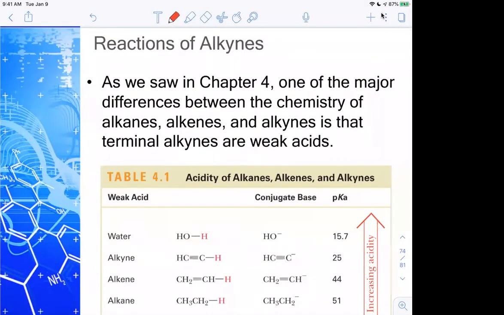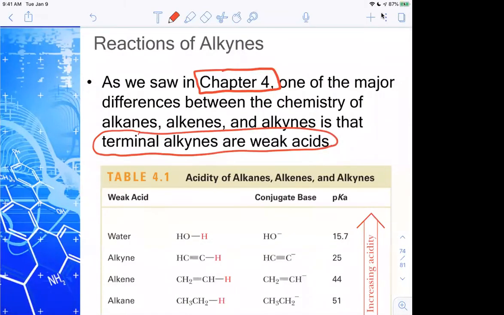Okay, one more topic in this chapter, which is the reaction of alkynes. Remember, we talked about alkynes in chapter 4. And one of the things we talked about and sort of referred to in chapter 2 again is that terminal alkynes are weak acids. And remember, if you go through the ARIO, that sp orbital is closer to the nucleus and gives us a more stable conjugate base.